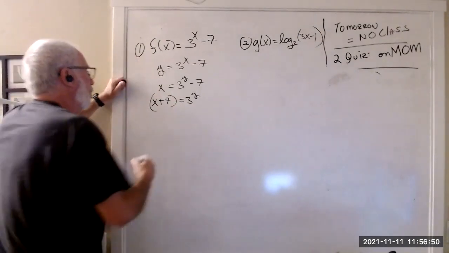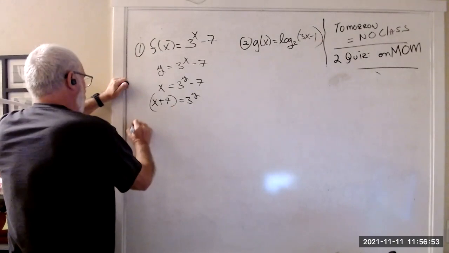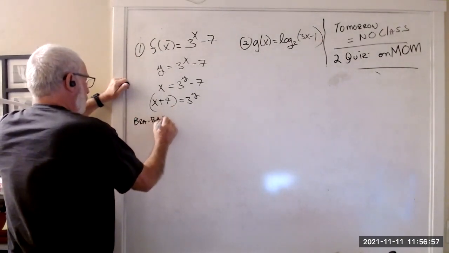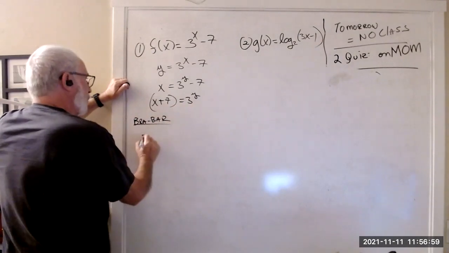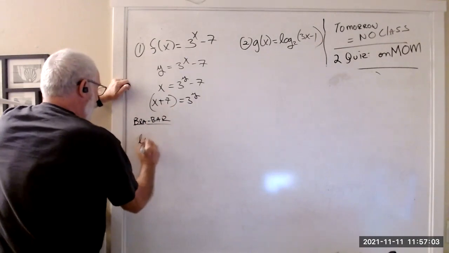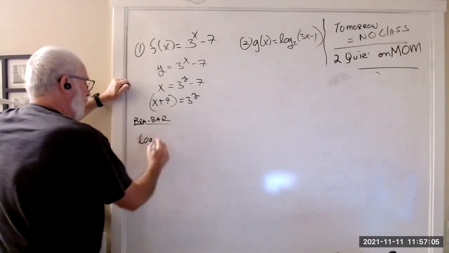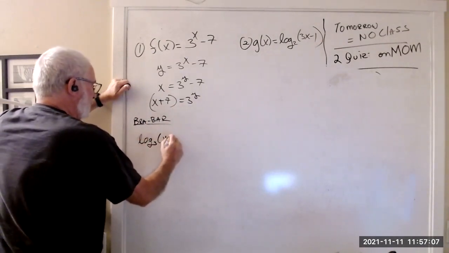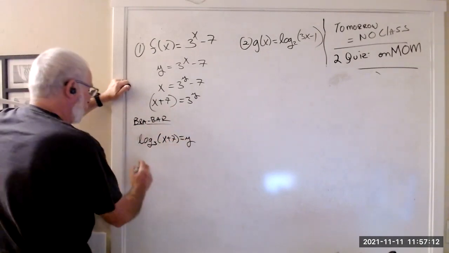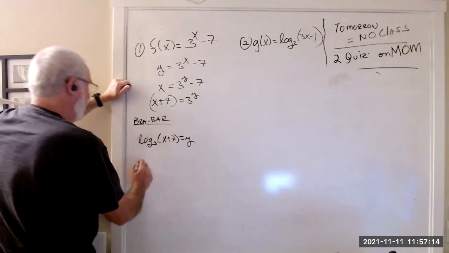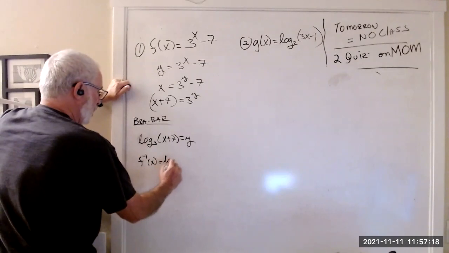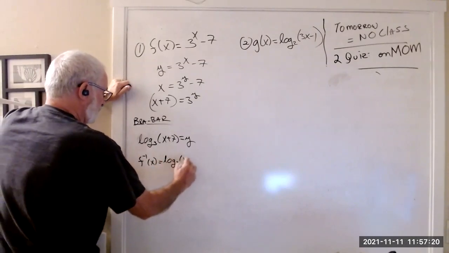Well, one method is the Bra-Bar rule. That would be log base 3 of x plus 7 equals y, or switch that around, f inverse of x equals log base 3 of x plus 7.